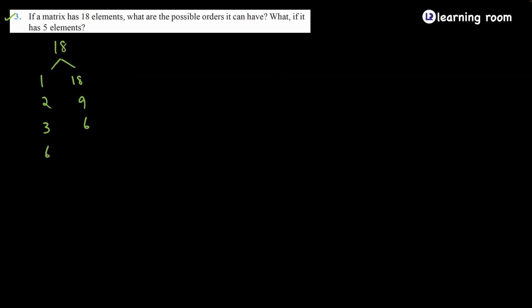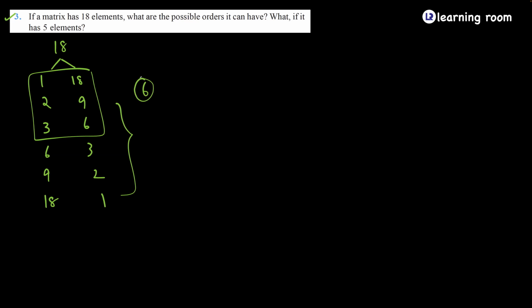Again, it starts with 6, so it will become reverse. 6, 3. 7 doesn't work, 8 doesn't work. It will be 9, 2, and 18, 1. Right? So basically 3 into 2, the same in the reverse order.